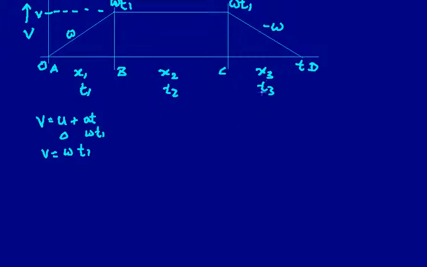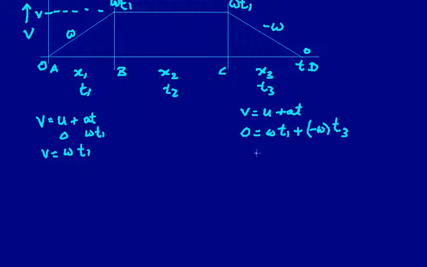To find the relation between t3 and t1, let's use the same formula, v equal to u plus at. We know the car has again come back to rest, which is 0 velocity in this case. So 0 equals u, the initial velocity, which is omega t1, plus acceleration, which in this case is deceleration, minus omega, times the time for this period, which is t3.